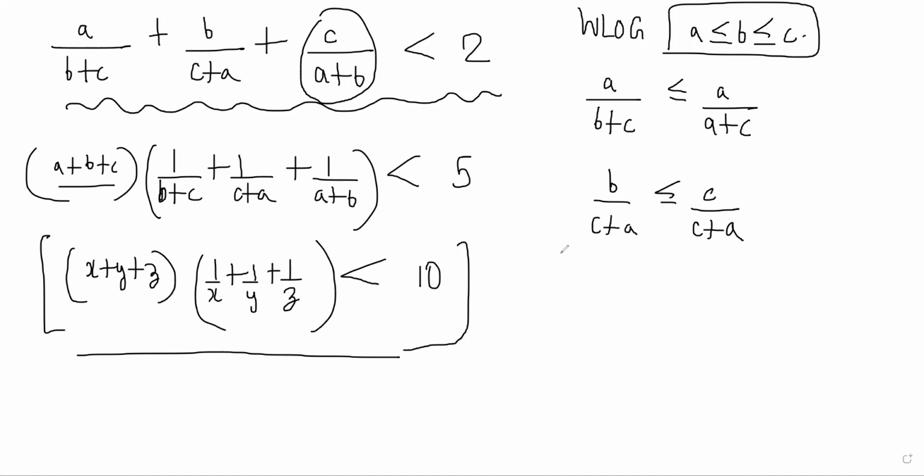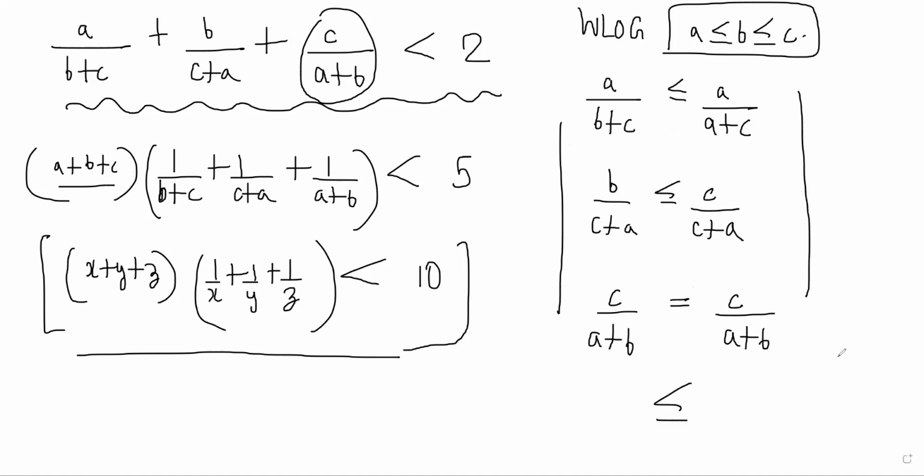And you can say the sum of these three, this sum is less than or equal to this sum, right? Which is 1. This one is 1 by (C plus A), 1 plus C by (A plus B), right? Correct.